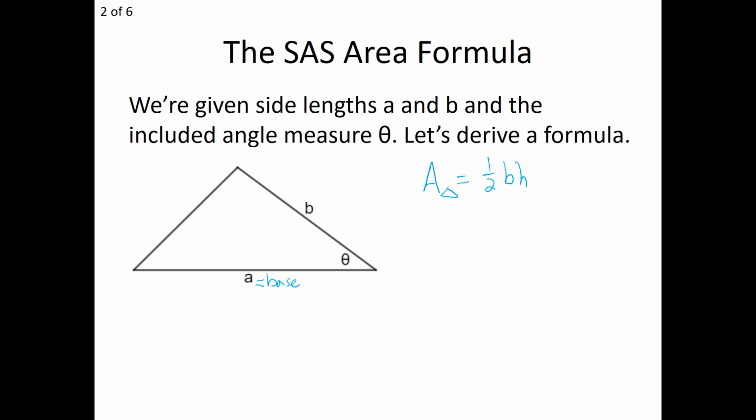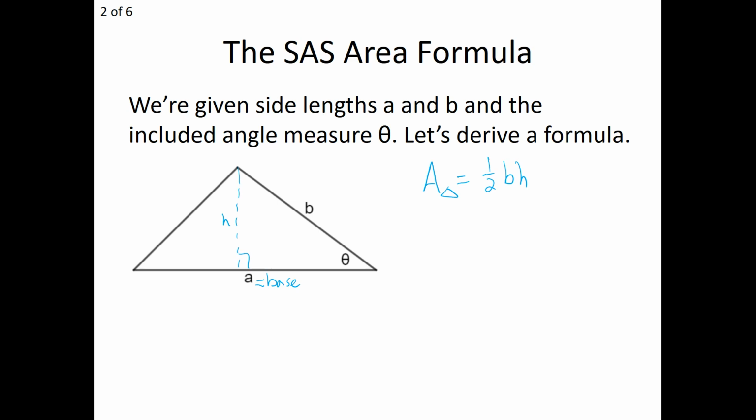And what we then will follow through with is dropping the respective height to that base. So it's going to be the altitude formed from the opposite vertex. So from this opposite vertex, let's go ahead and drop in our altitude till it intersects our opposite side, our base, at a right angle. We'll call this then our h. That is going to be the length of our altitude or the height of our triangle.